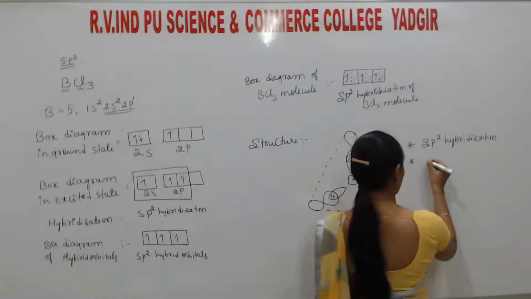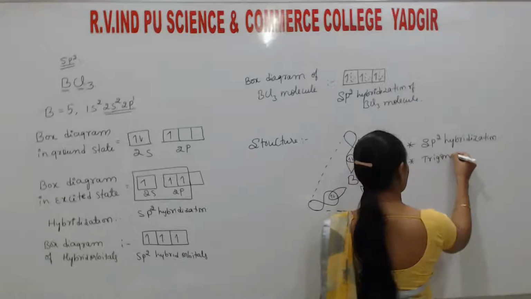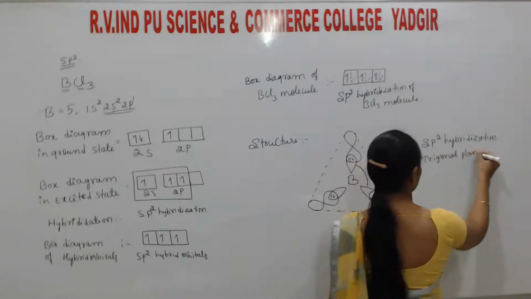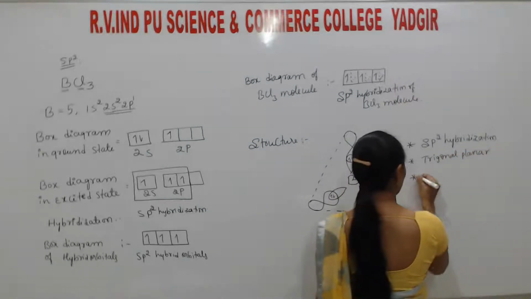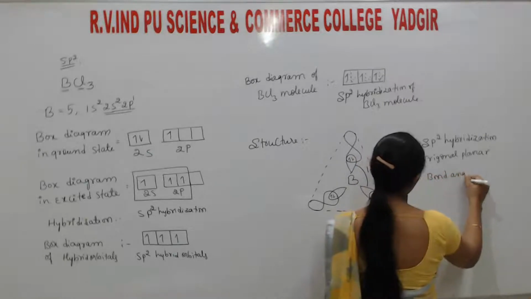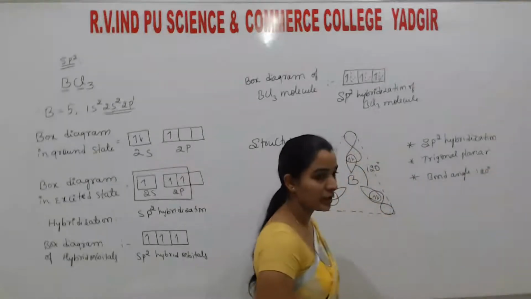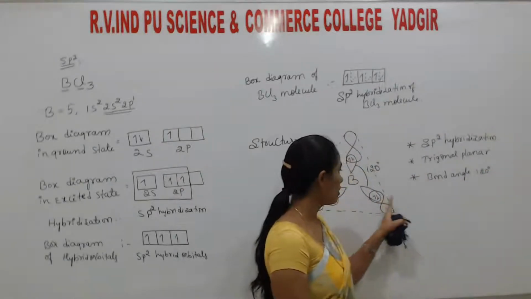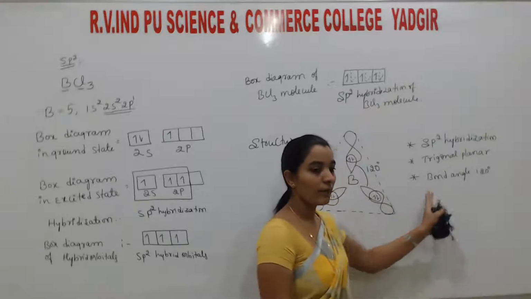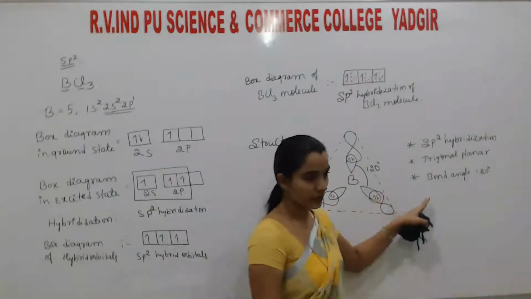Next, the structure is trigonal planar. Bond angle is 120 degrees. These are the points. Or you may also write that 3 bond pairs are there. That's your choice, but these are the compulsory ones.